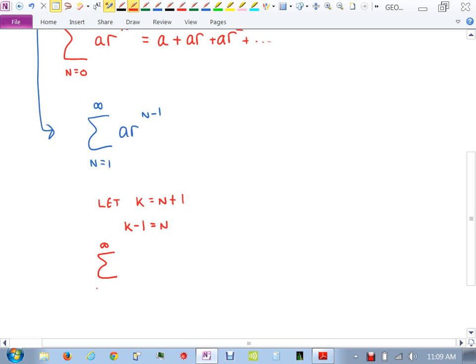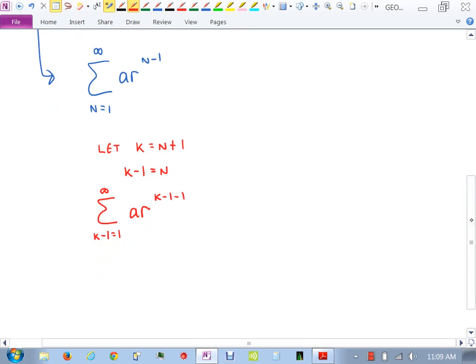What would this be? What's n? K minus 1 equals 1. A r to the k minus 1 minus 1. What did that do? Look at your bottom equation down here.